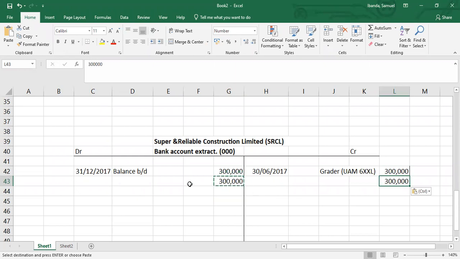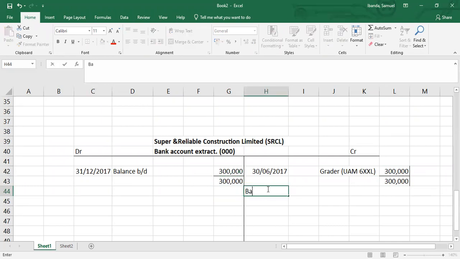And then I'll have the balance, on 1st January 2018.